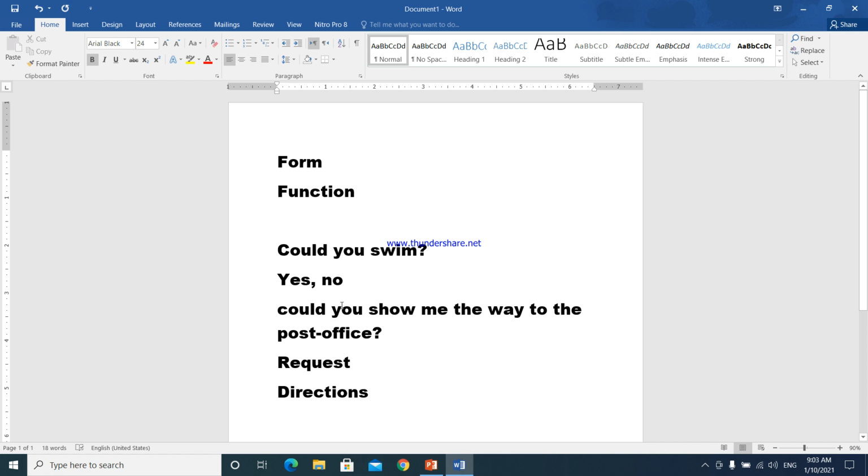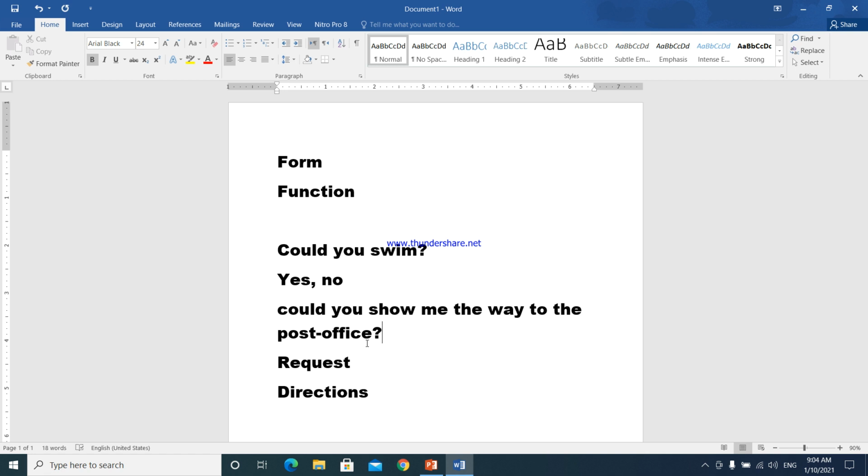So, if you see your friend, you don't need to use this type of sentence. Could you show me the way to the post office? Because this is a very polite way. You may say, simply speaking, where is the post office? Or do you know where the post office is? Why are you so direct? Because you are talking to your friend. You are not talking to a stranger.